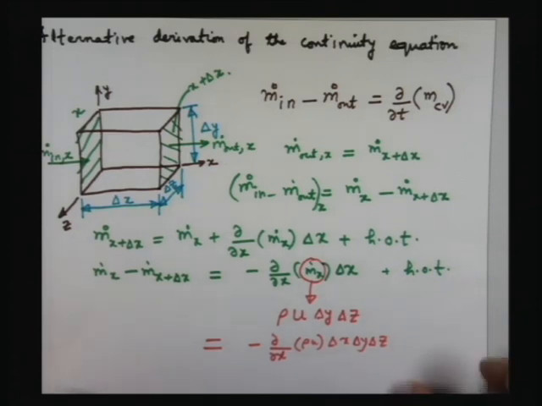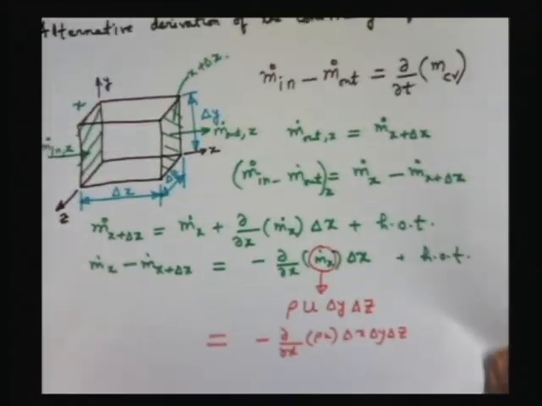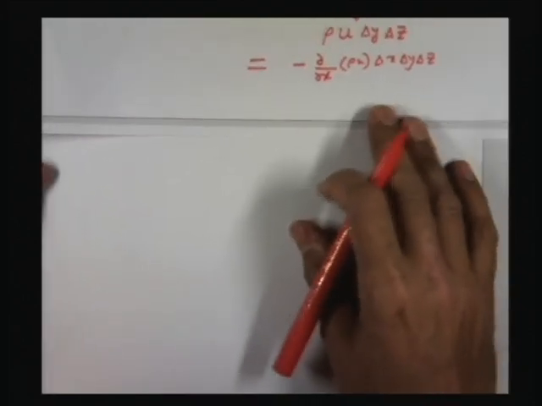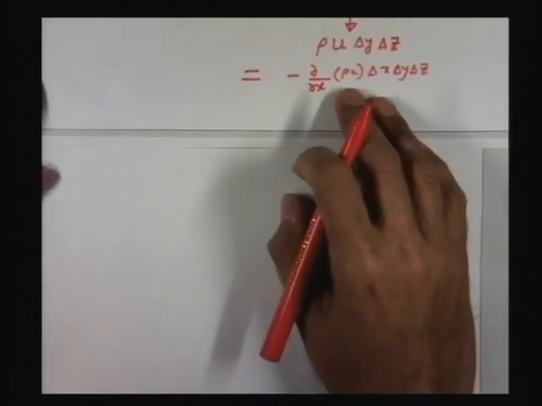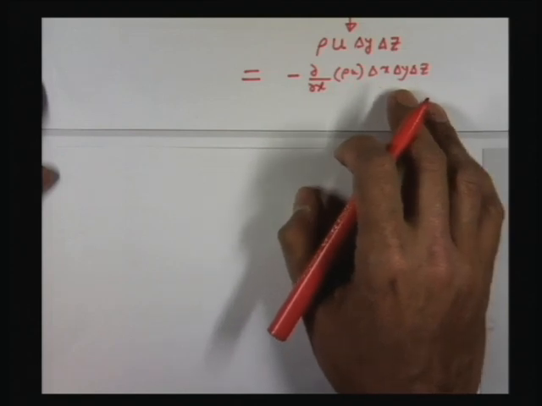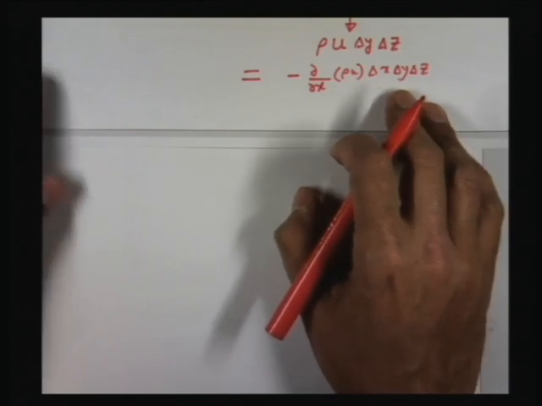So we can set the conservation of mass. What I will do is I will just refer to the previous slide where we have this term minus del x of rho u into delta x, delta y, delta z for m dot x minus m dot x plus delta x.